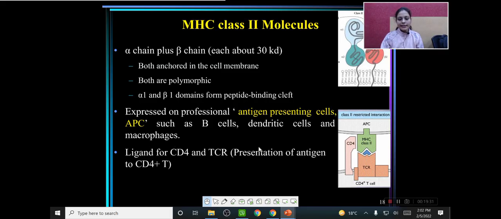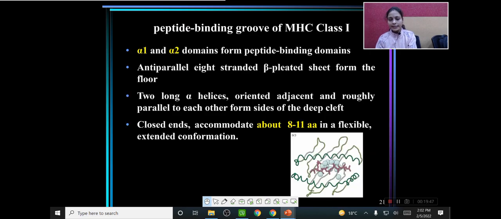Ligand for CD4 and TCR, presentation of antigen to CD4 T cells. In class 1 molecule, they are presented to CD8 T cells. In class 2, they are presented to CD4 T cells.